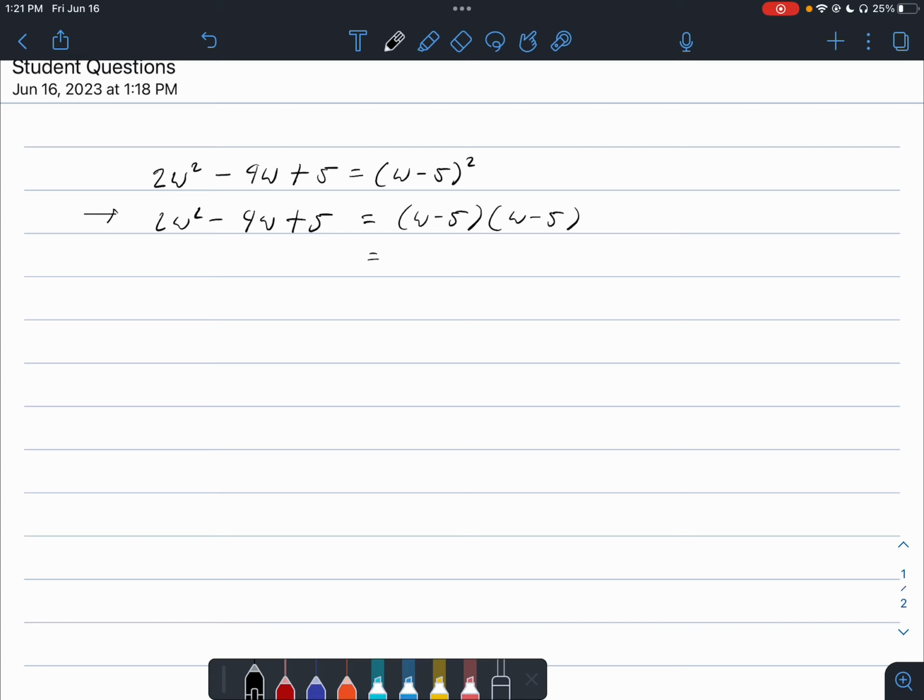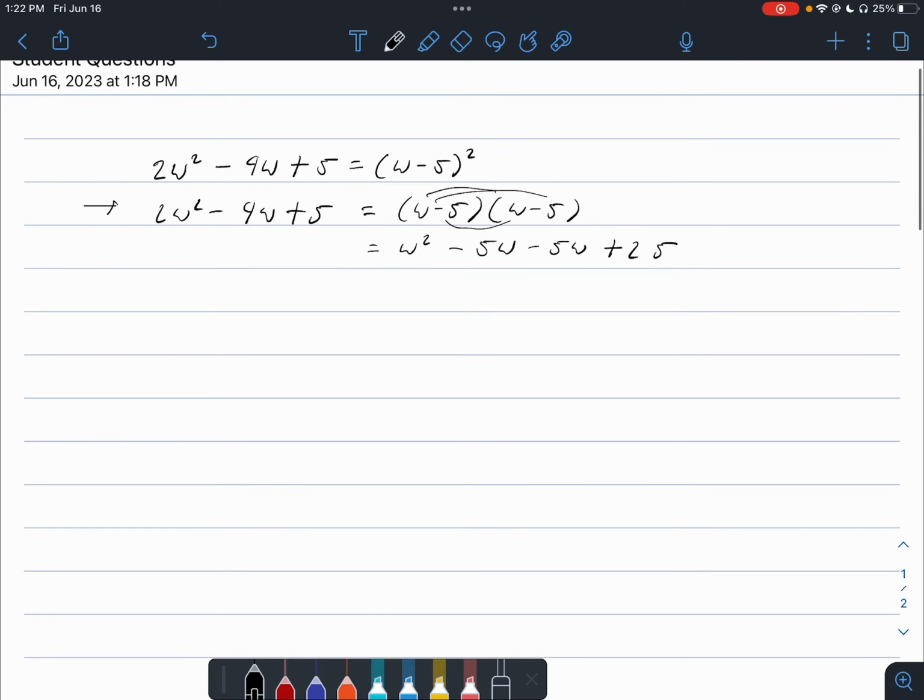And really what we would do is we would just FOIL the right-hand side here. So we have w times w, which is w squared. And then we have w times negative 5, which is minus 5w. And then we have, draw a line there. And we have negative 5 times w, minus 5w. And then we have negative 5 times negative 5, which is plus 25.